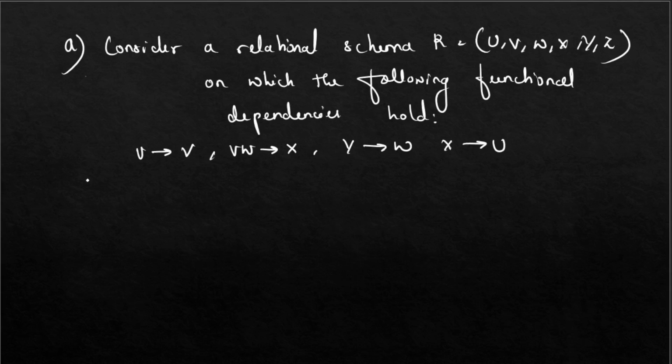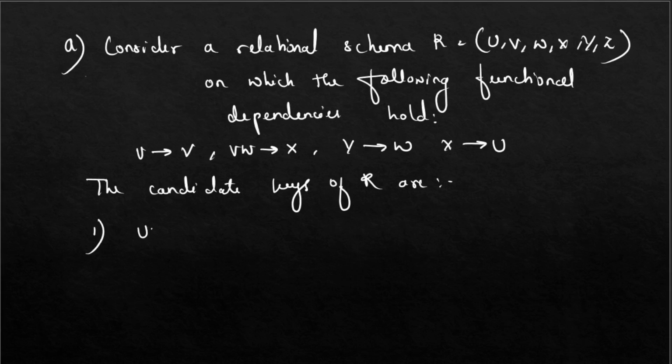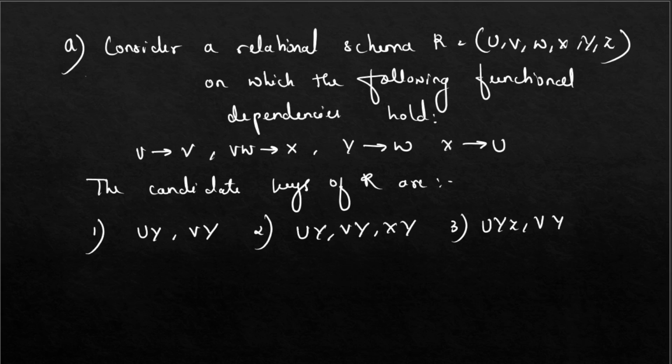So the candidate keys of R are: option 1 is UY, VY; option 2 is UY, VY, XY; option 3 is UYZ, VYZ, VWZ; and the fourth one is UYZ, VYZ, XYZ.